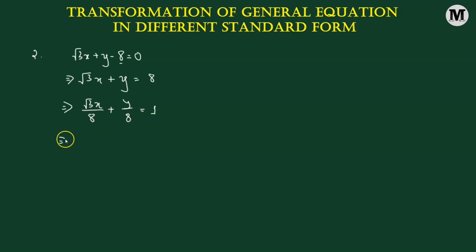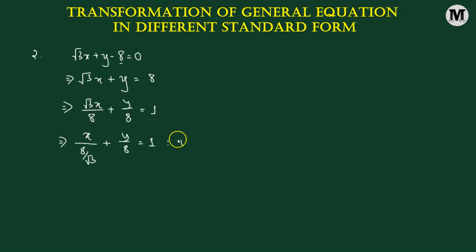Furthermore, in the first term we have square root of 3x over 8. So if we divide each of the numerator and the denominator by square root of 3, that leaves us with only x in the numerator, whereas in the denominator we have 8 over square root of 3, added to y over 8 equals 1. So what is this?